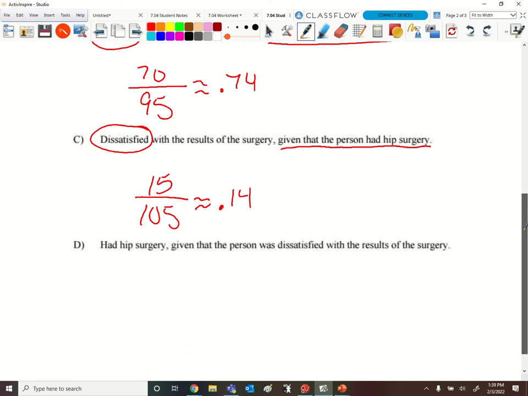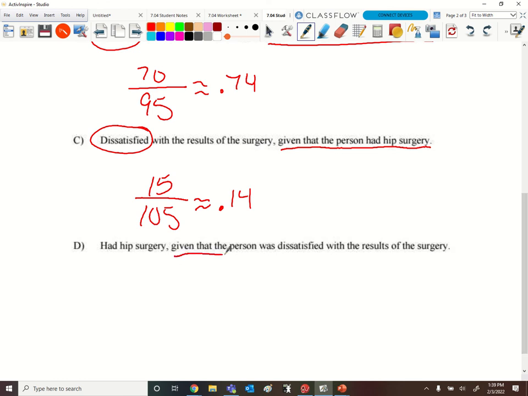So the next one is had hip surgery given that the person was dissatisfied. So the bottom of my fraction is only going to be dissatisfied with that surgery. So what am I looking for now? 15? Nope. 40. Why 40?